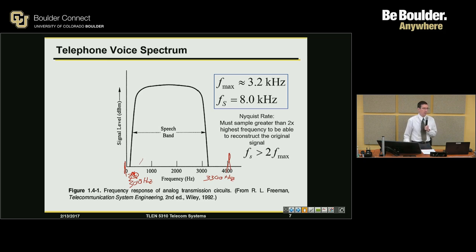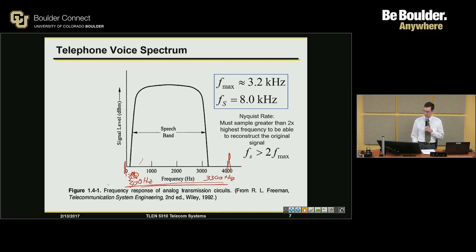And then when we talked about Nyquist, that told us that if we want to represent this in the digital domain, I have to sample this at least at a rate twice the highest component, right?